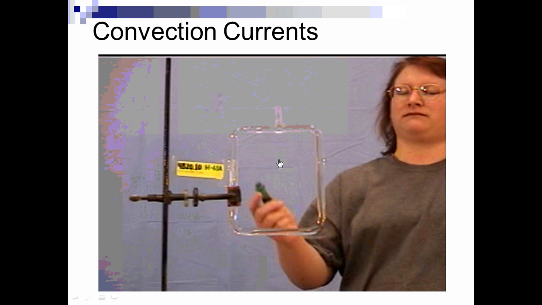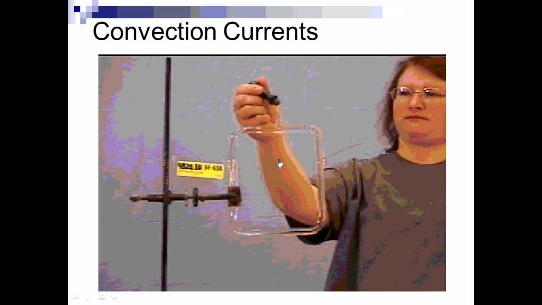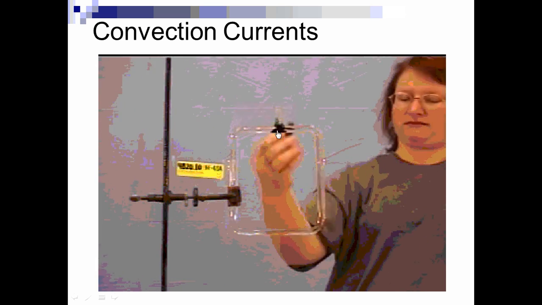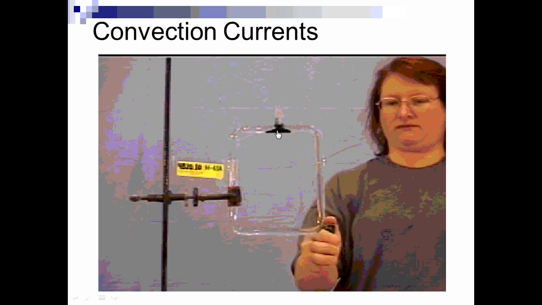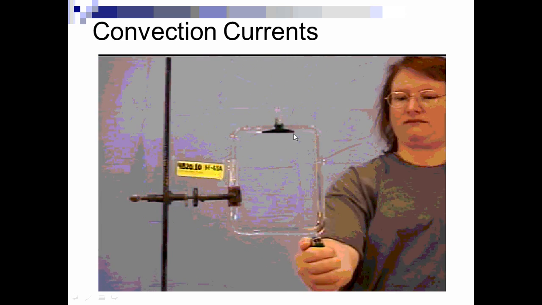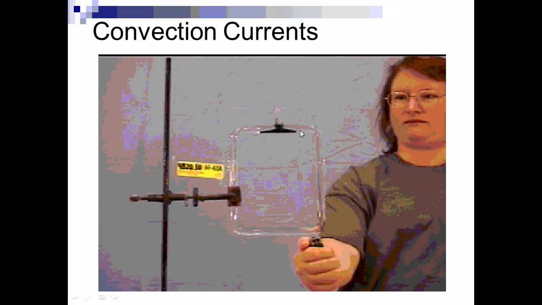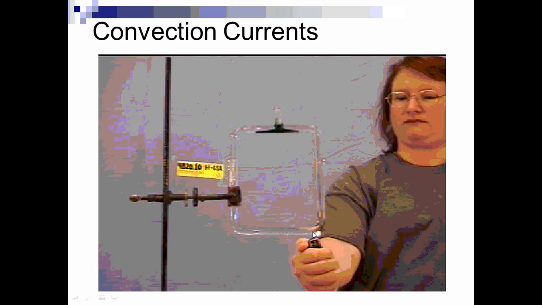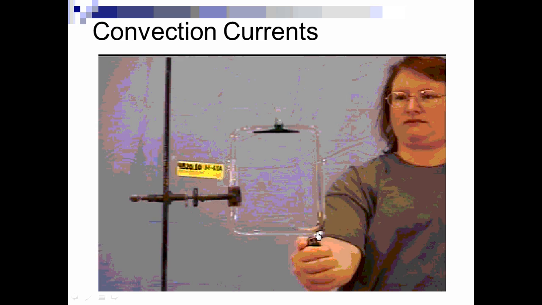Here's a video demonstrating this idea. So here, this woman is putting some green food coloring in at the top, and what you notice right now is it's evenly distributed, so it's diffusing evenly. But now she's heating one side of this glass tube.